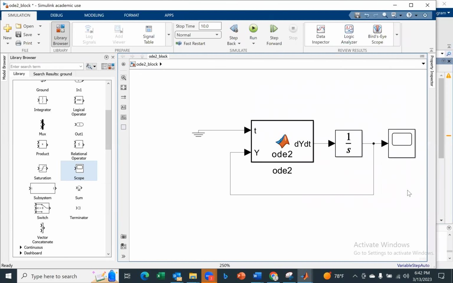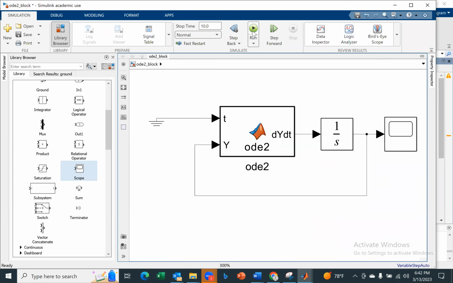This is how it looks. And then we can run.